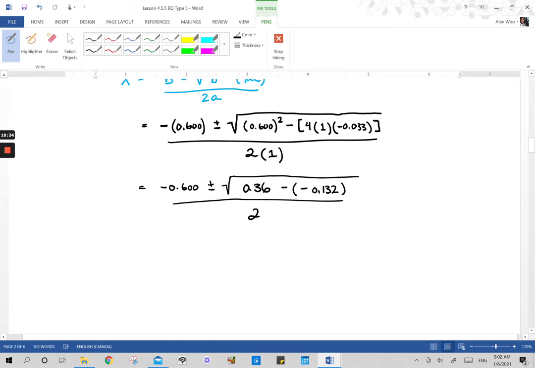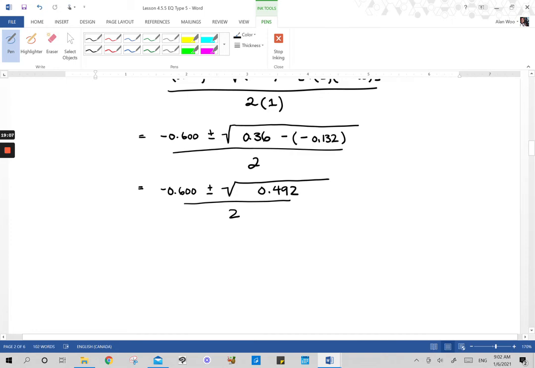So if I simplify this again, everything underneath the square root here, once you have 0.36 plus 0.132, that will give you 0.492 over 2. So now you can finally punch this into your calculator to actually solve for the square root there.